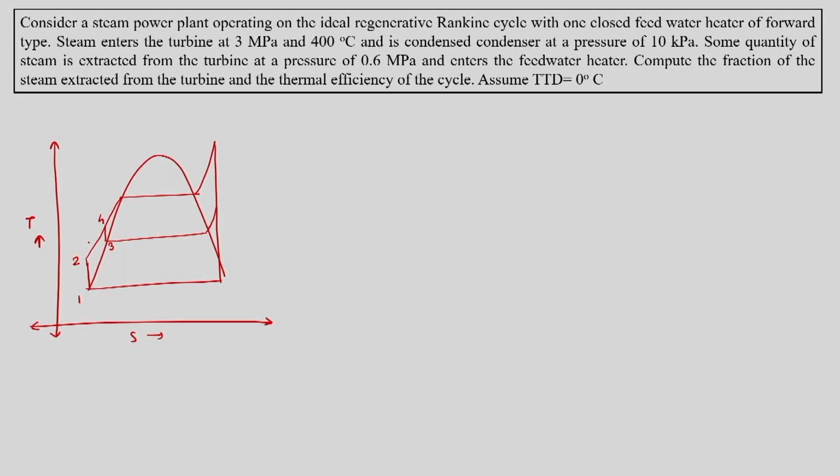After feed water heating we will reach a state 5. Basically this state is 5 after mixing and feed water heating, and then we have 6, 7, 8, and here we are saying that the feed water heating has led to the state 9.